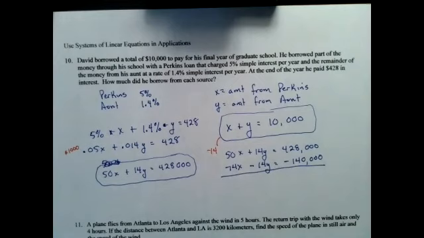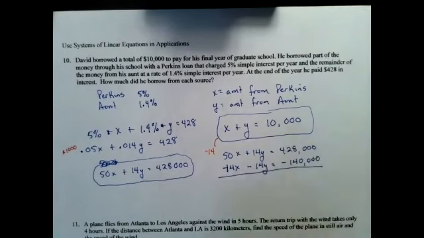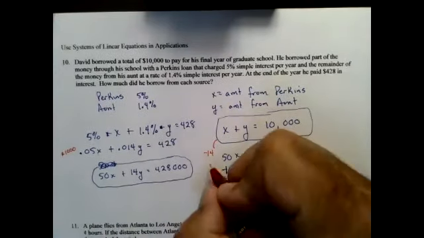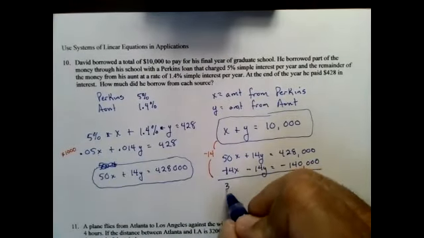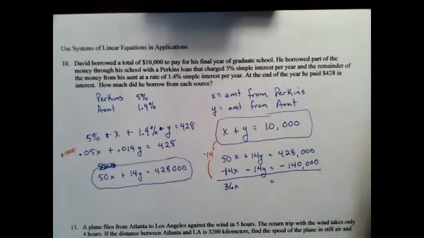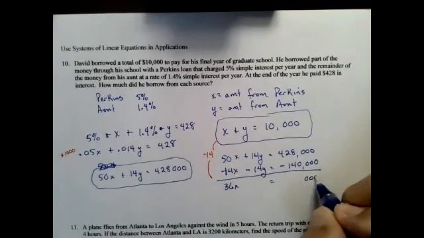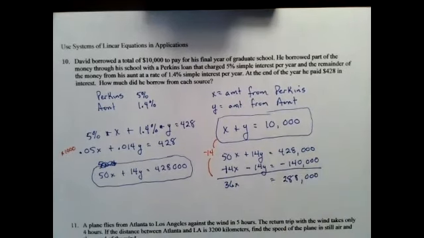Should that be negative as well? I'm sorry, that is negative 14. My negative got a little too close. Thank you. 36x equals 288,000.